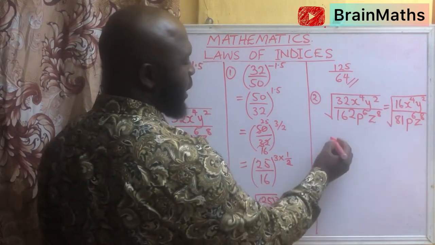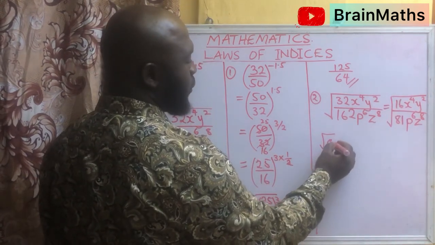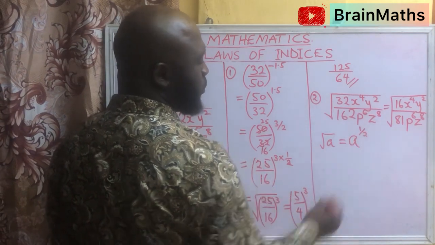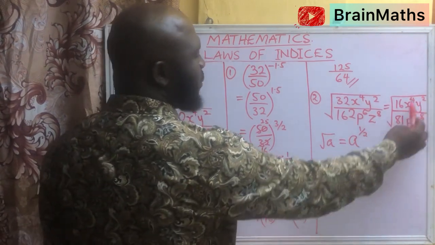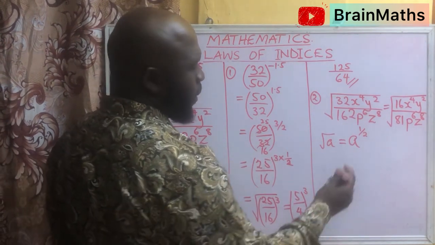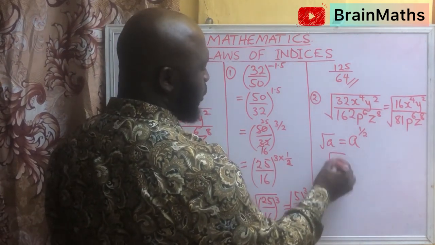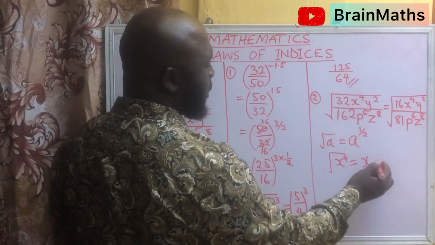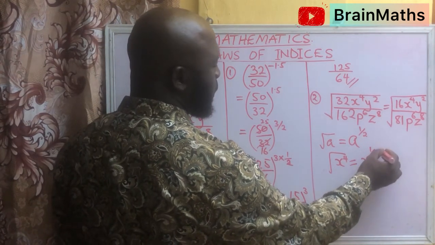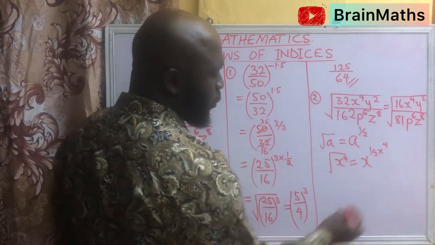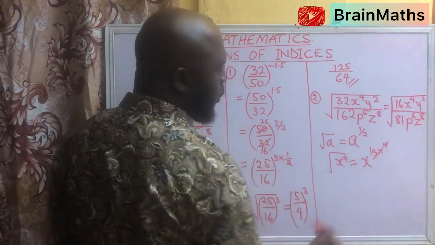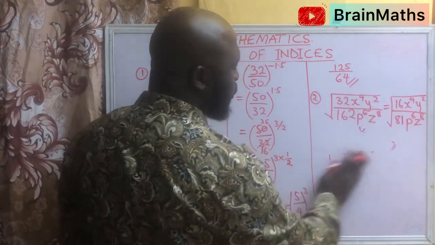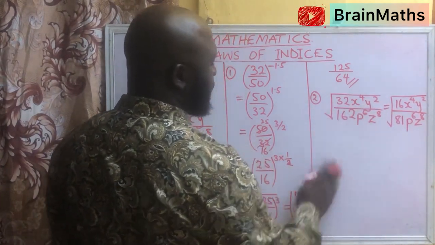Don't forget that square root of a is the same thing as a raised to power 1 over 2. And x raised to power 4 in the square root is the same thing as x raised to power 1 over 2 times 4, meaning 2 will cancel 4, and then you will have 2. So that is what we have to do in that case.